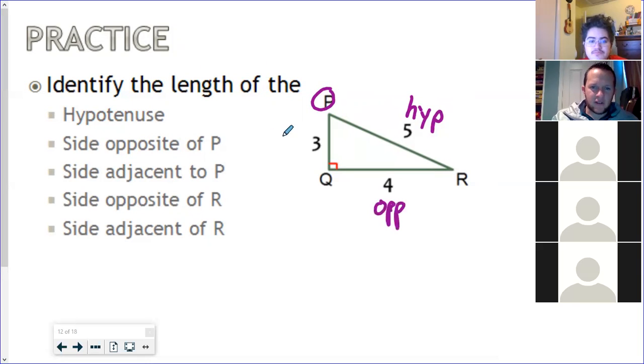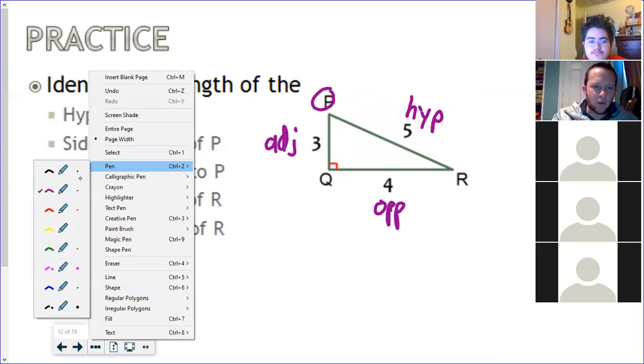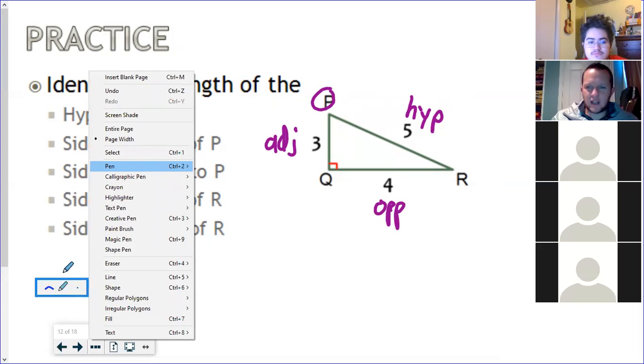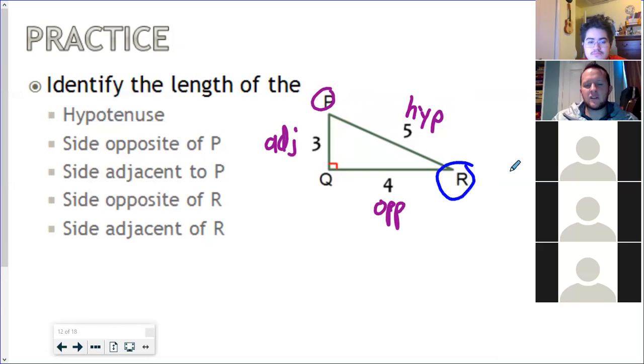And then right here, this is adjacent because it's next to P. However, if I switch angles and I look from R's perspective, the hypotenuse is still a hypotenuse, but notice now this side that was opposite of P is going to be right next to R. So this is my adjacent side, and this is my opposite side. So they switch. So it's really important you know which angle we're looking from.